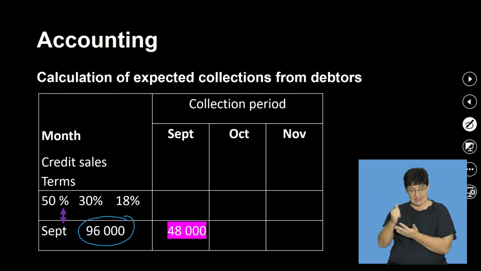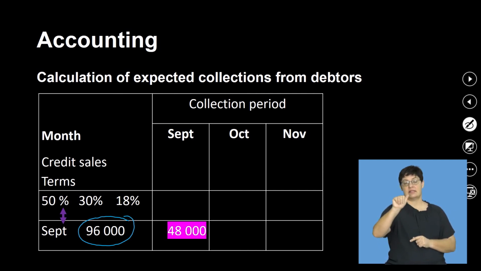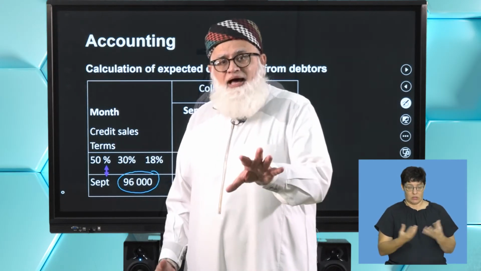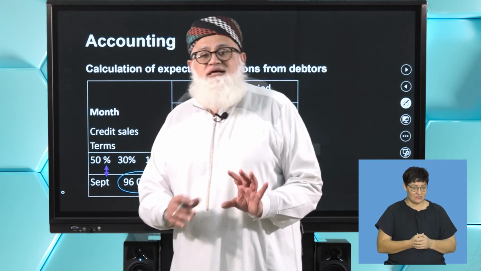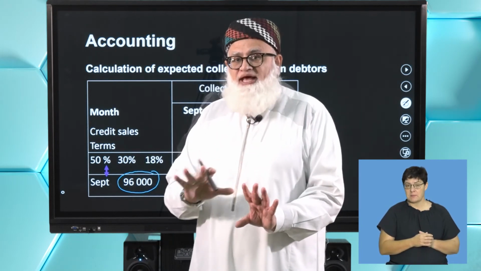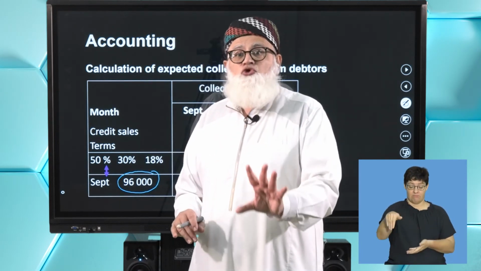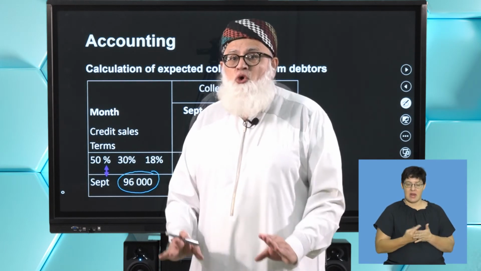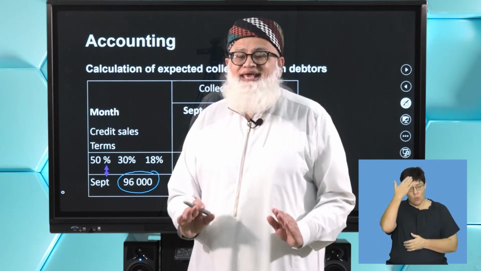Okay, established. Credit sale for September was 96,000. Now you're supposed to be getting into the flow and doing this calculation with me. Another important aspect, guys, is that part of your debtors collection schedule is a calculator skill. You need to know how to use your calculator.